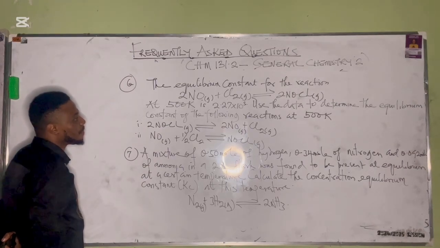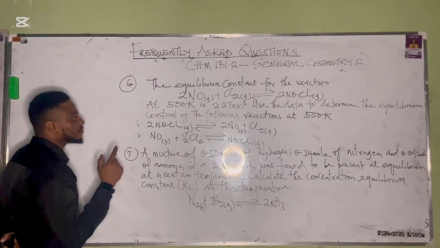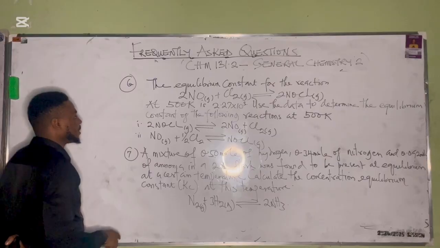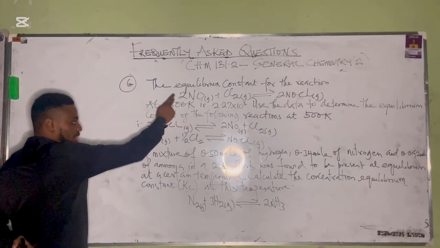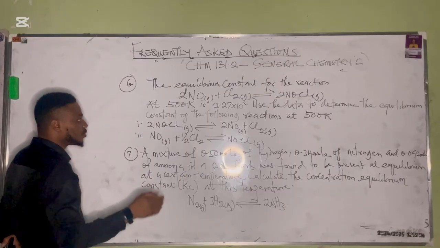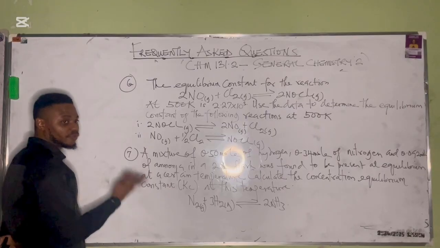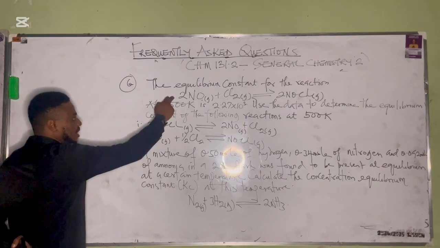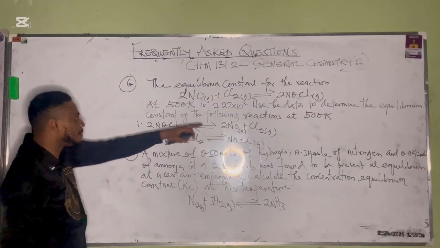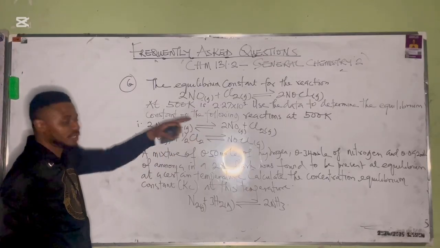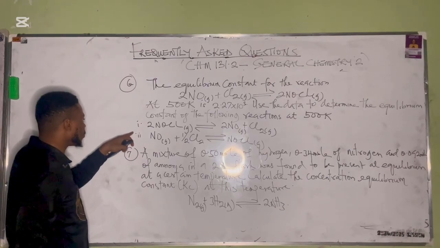Use the data to determine the equilibrium constant of the following reactions at 500 K. So this is Kc for this reaction, still depending on the previous question we solved. This is the main reaction with the Kc. Don't mind the 500 Kelvin, you're not using it for anything here. So you're looking for I and II.